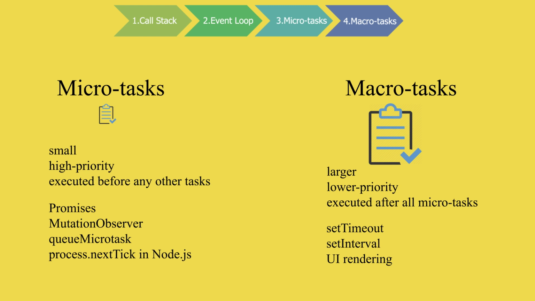Microtasks are typically used for short, quick tasks that need to be executed immediately. And macrotasks are typically used for longer, more complex tasks that can wait until all microtasks have completed. Now, let's take a look at some examples of microtasks and macrotasks in JavaScript.